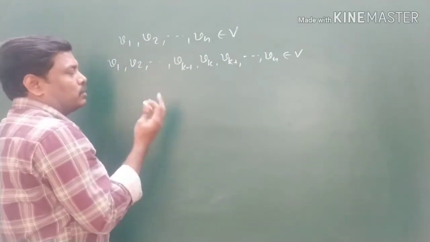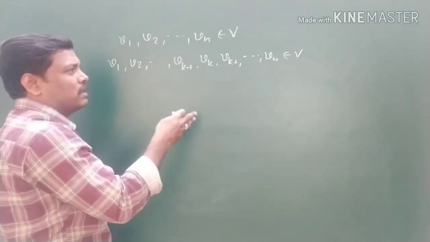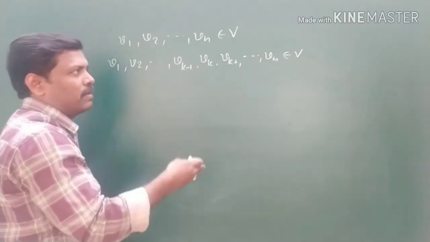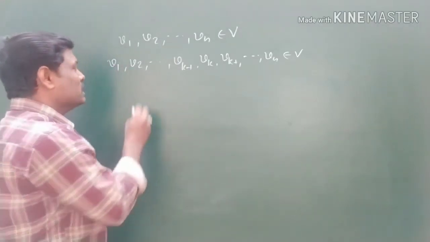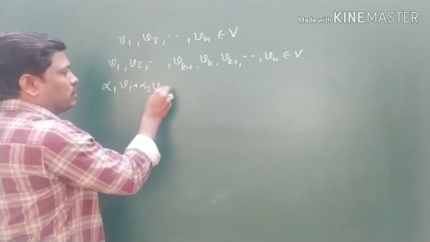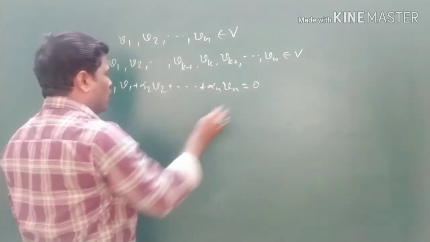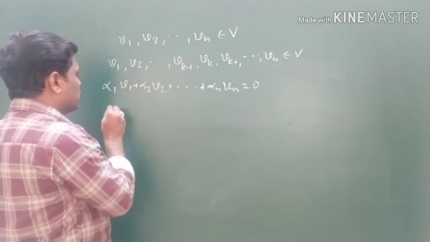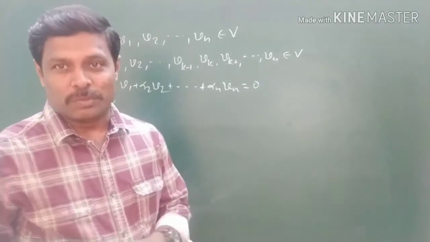Then using the definition of linear dependence, there exist scalars alpha 1, alpha 2 up to alpha n, not all equal to 0, such that alpha 1 v1 plus alpha 2 v2 plus up to alpha n vn is equal to 0, and these alpha 1, alpha 2, alpha n are not all equal to 0.